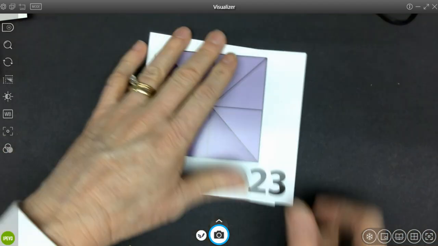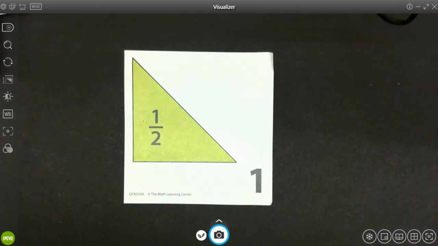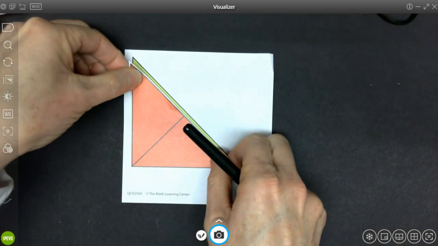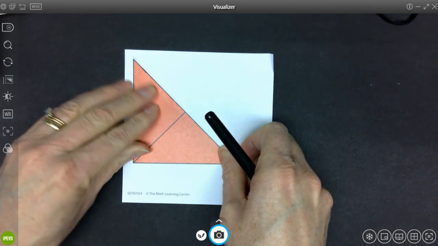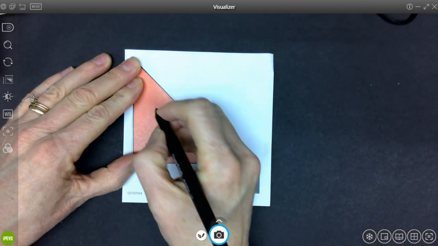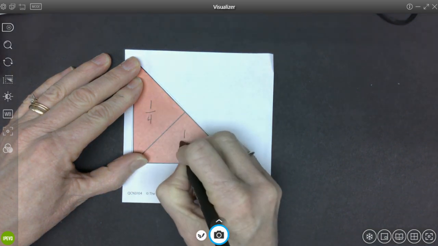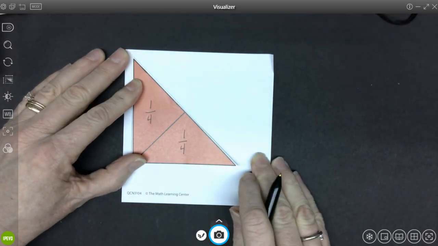So if I think about those, I can take my half, and if I make a copy and cut this out, I can take these 2 fourths and I can cover up that 1/2. So again, this is a 1/4 and this is a 1/4. And it covers that space exactly.